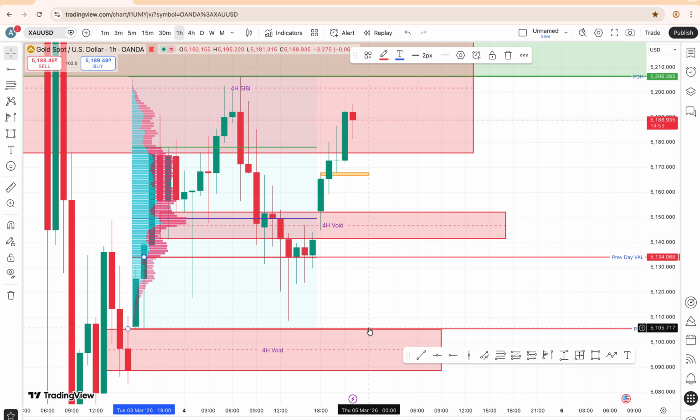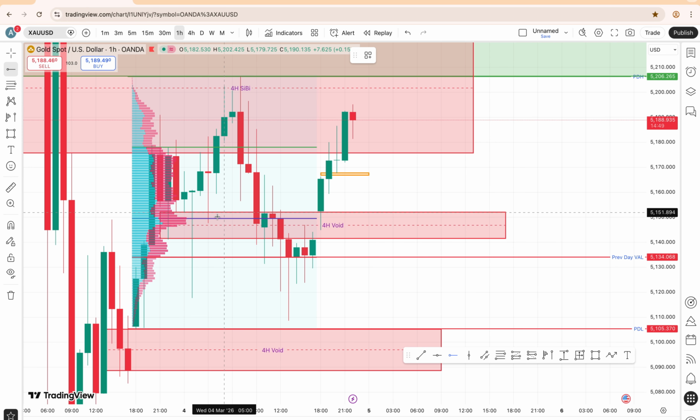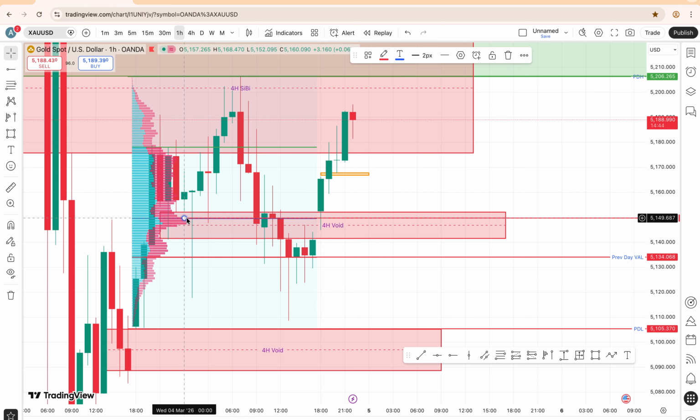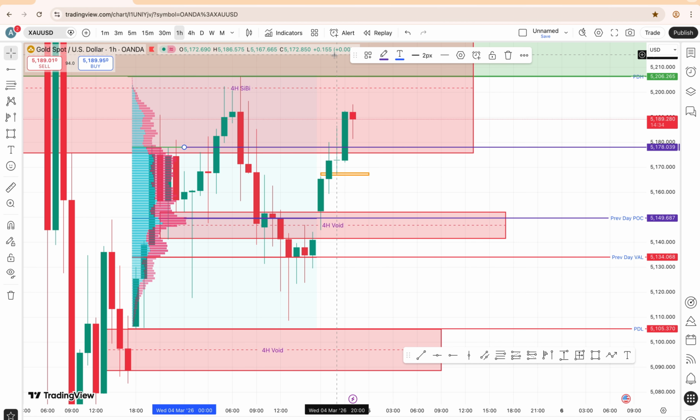The value area low is at 5134. The point of control is at 5149.6. And the value area high sits at 5178.